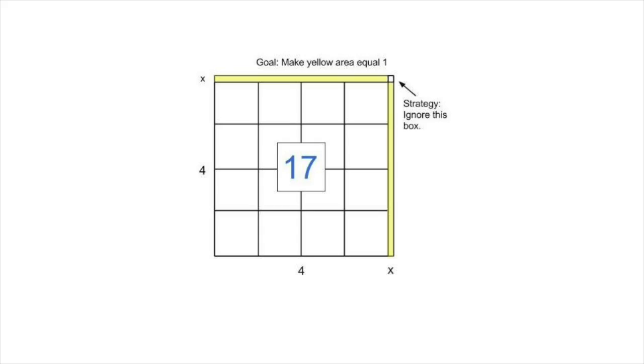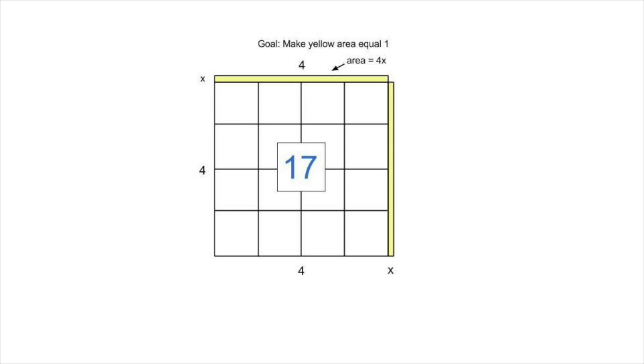And the way we're going to pull that off is we're going to ignore this little box in the corner. We're going to ignore that square because if we ignore it, we can figure out the exact value of x that makes the remaining area equal to 1. So with this shape, how do we make those yellow rectangles have an area of 1? Well, let's see how big they are.